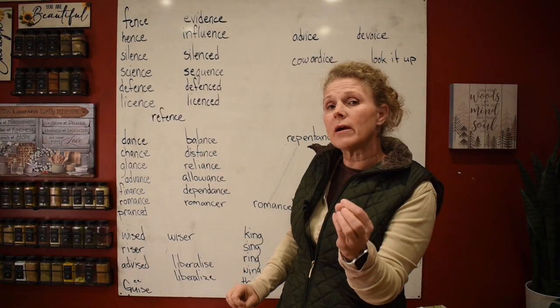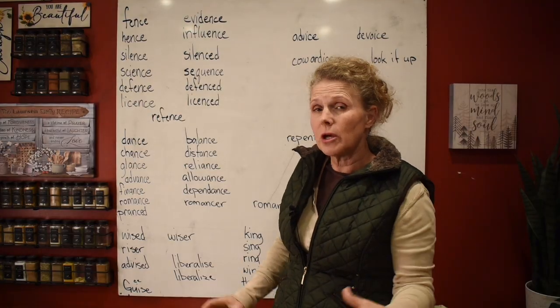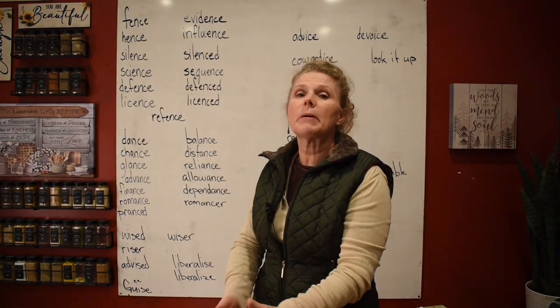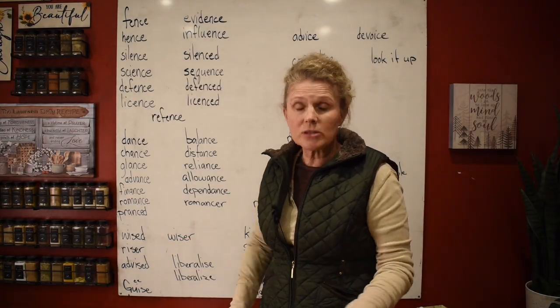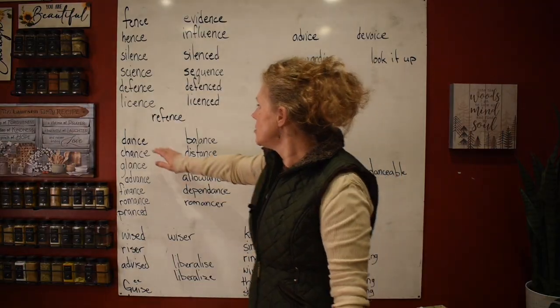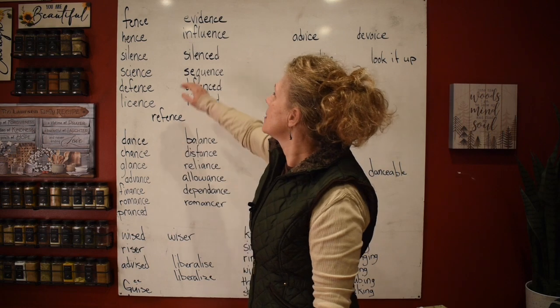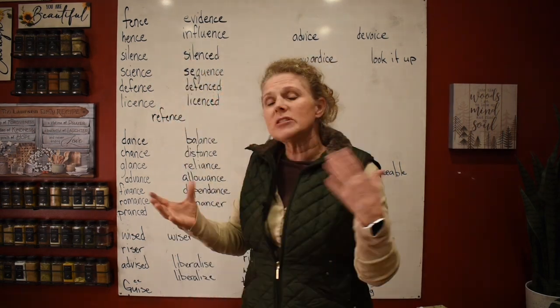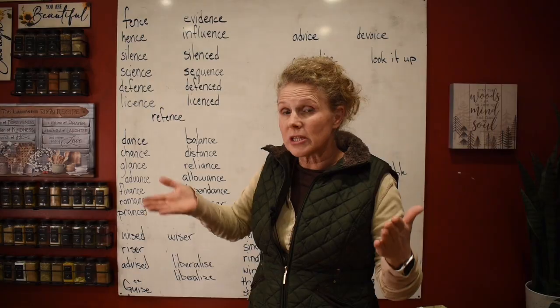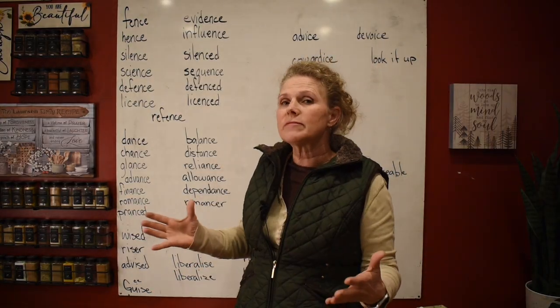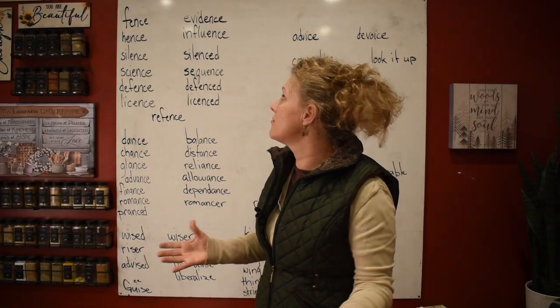Now this is where you're going to have issues, is the -ance and the -ence. How do I spell it? Is it really saying -ance or is it really saying -ence? You don't have a problem with dance, but oftentimes you can really actually hear -ence. Okay, but sometimes you will have that issue.